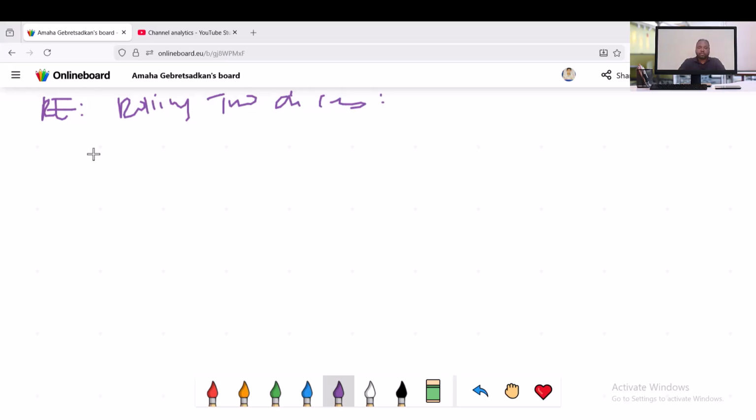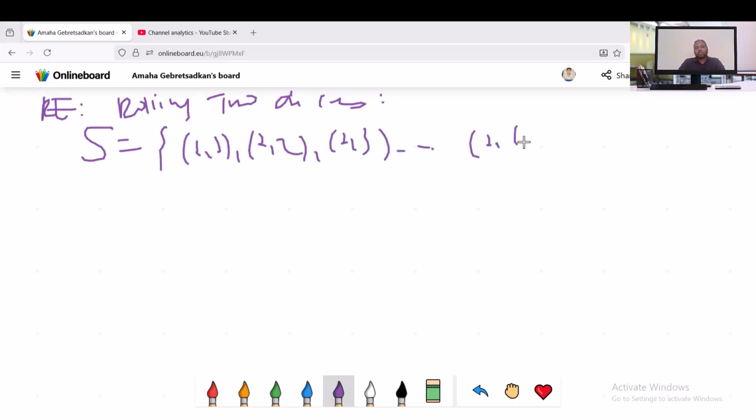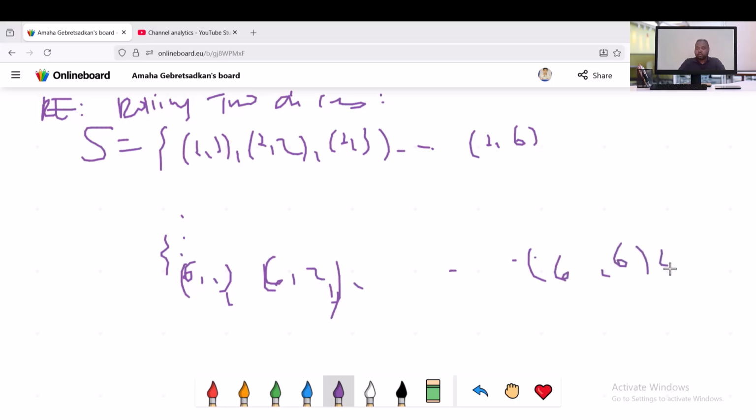From this random experiment we expect to have the sample space, the actual sample space, which is, for example, (1,1), (1,2), (1,3), right? (1,6) up to (6,1), (6,2), (6,6). So these are the actual outcomes from rolling two dice, right?